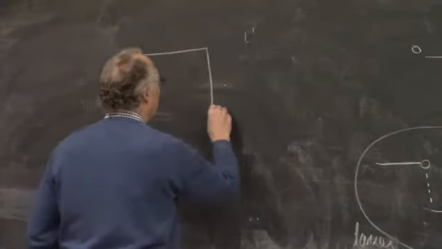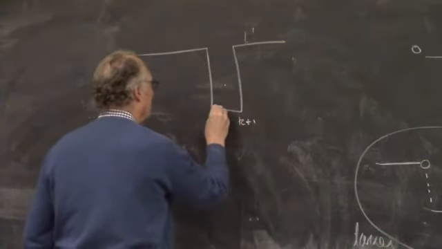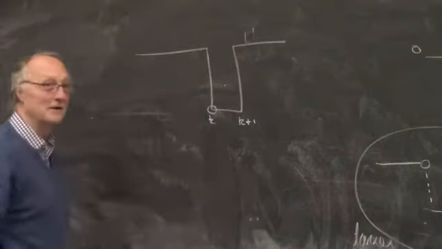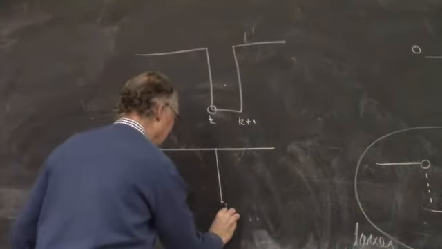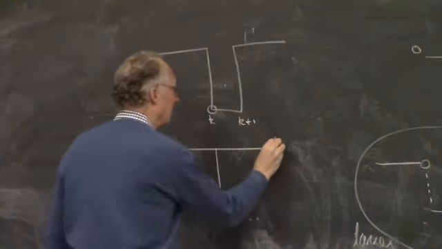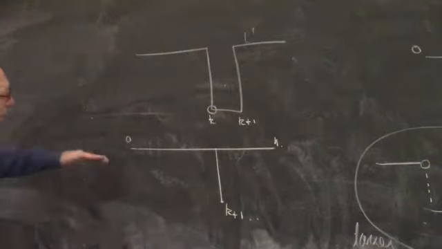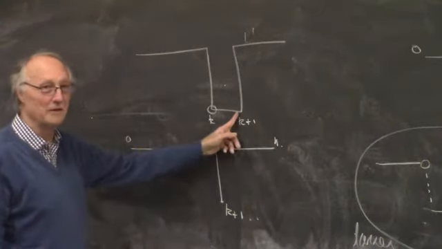So here's k and k plus 1. Suppose we drop out of this vertex. That leads to a diagram I would draw like this. So the top has all the vertices, and the bottom now only has one vertex.